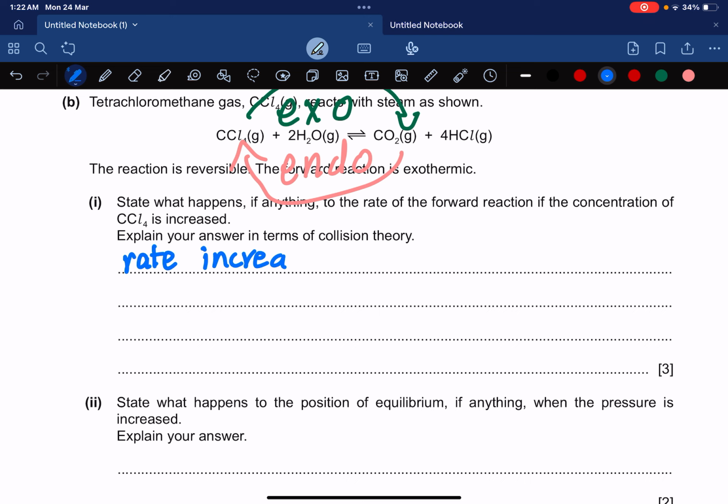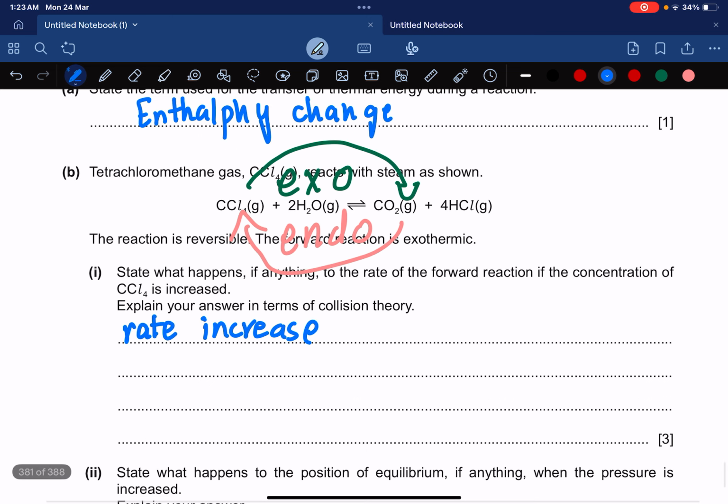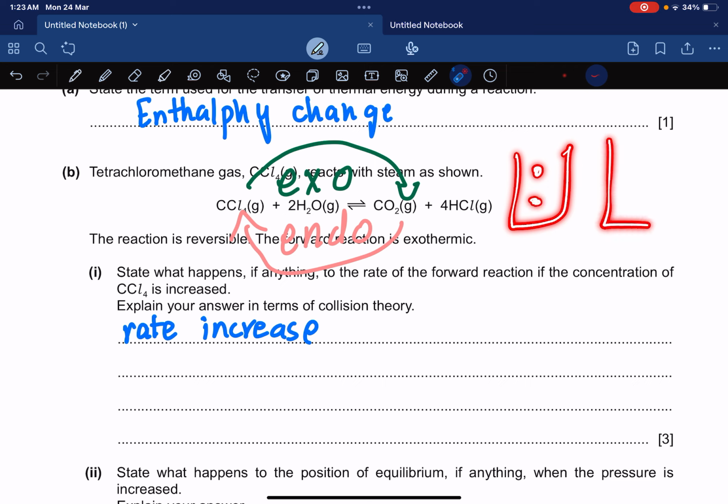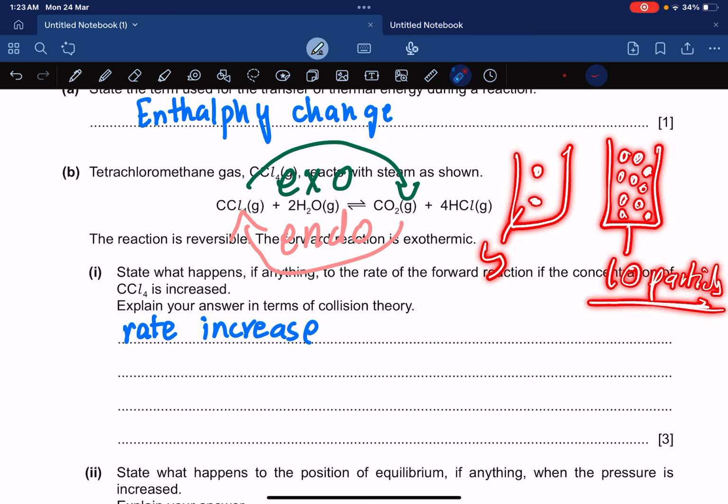And why does the rate increase? Look, if you have this container and it has 2 particles of CCl4, the collisions are going to be less. But if you increase the concentration of CCl4 in the same container, same volume, you're now going to have 1, 2, 3, 4, 5, 6, 7, 8, 9, 10 particles. Obviously, where you have 10 particles, there are going to be more collisions. Hence, the rate increases. Where you have 2 particles, fewer collisions.